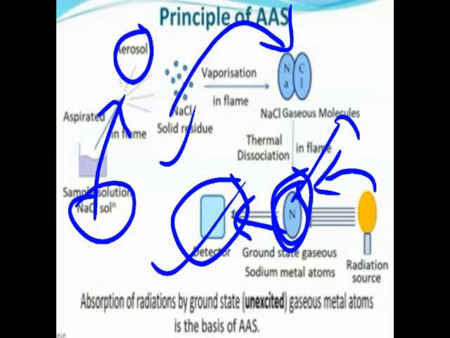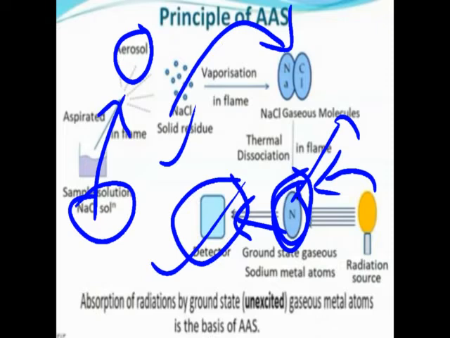In flame photometry we can analyze one element at one time, but in atomic absorption spectroscopy, if the sample consists of a mixture of elements, we can analyze each and every element without separating them.